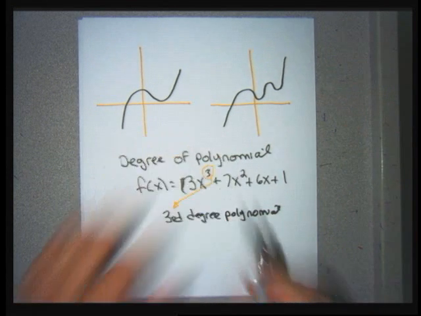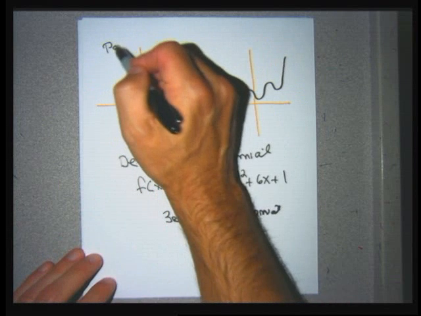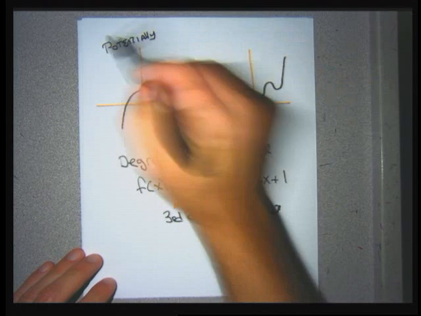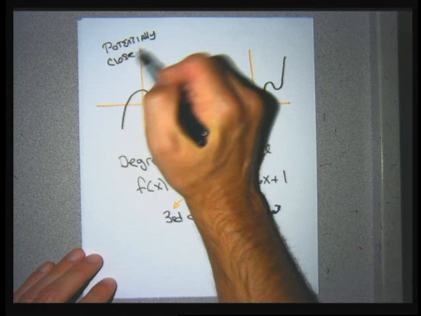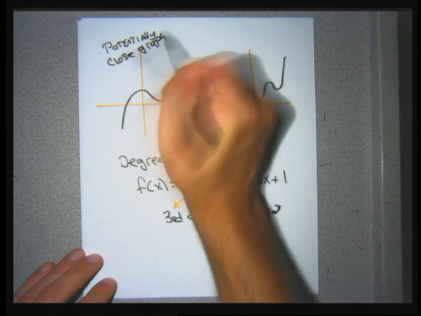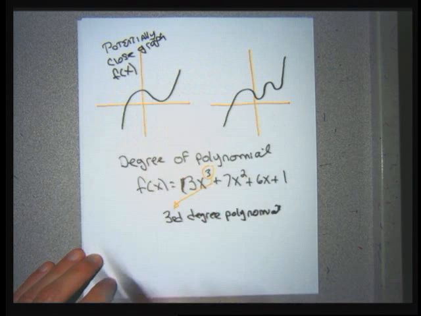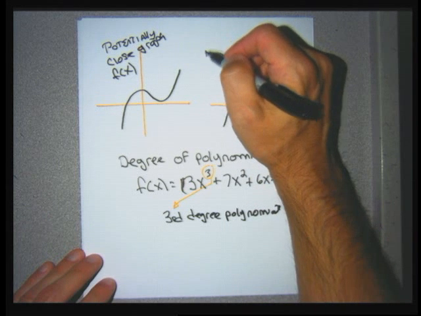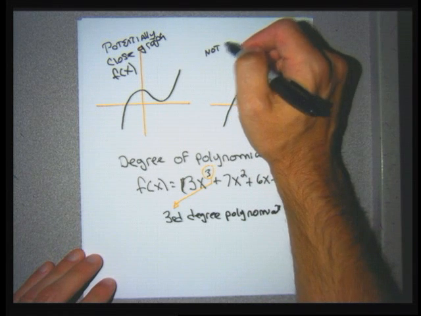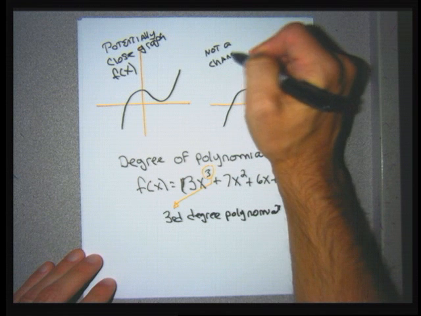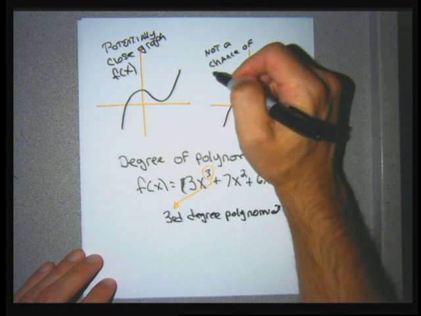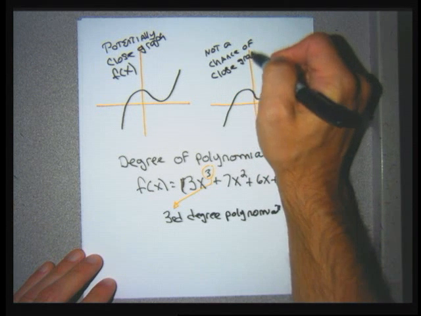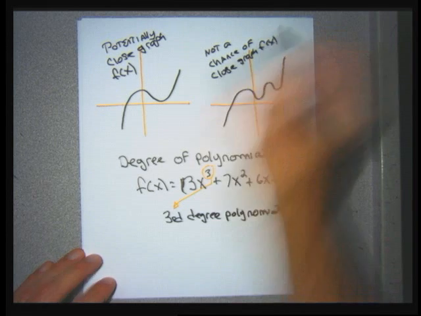The left one is probably not going to be exact, but it's potentially close to the graph of this function. And the next one, I'm absolutely guaranteed, has no chance of being close to the graph of f of x.